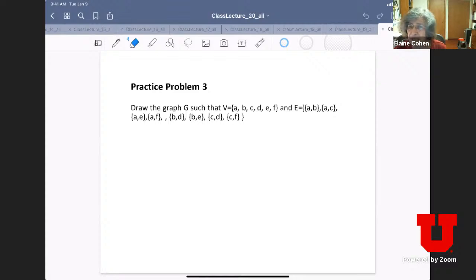Notice that these are set notation, so this is an undirected graph. So I'll give you a couple minutes for that. This is not the same graph that was in the pre-recorded lecture, so you've got to draw this one.